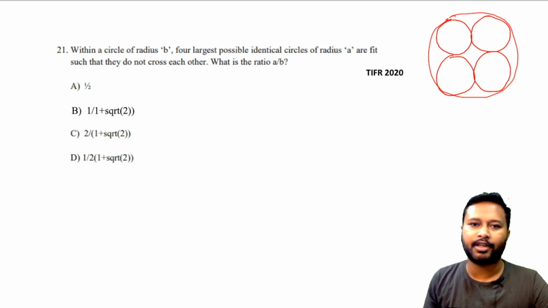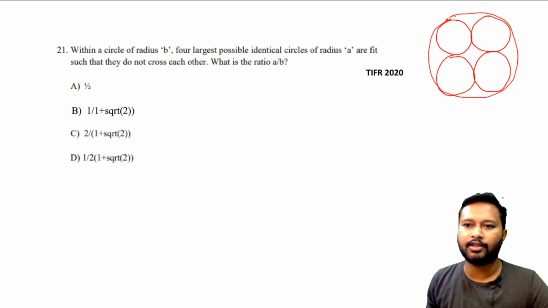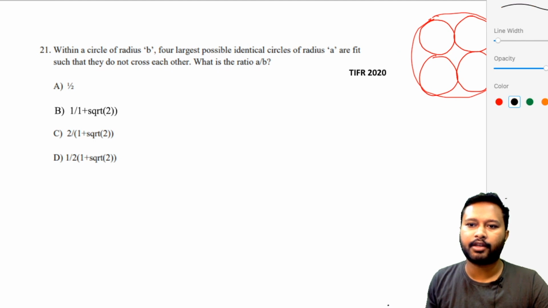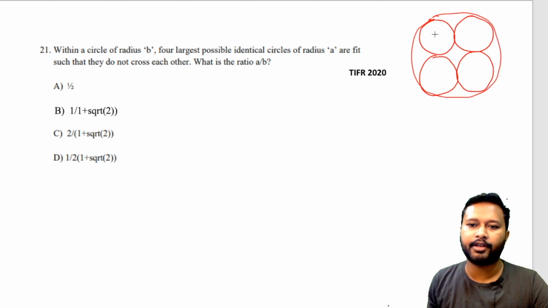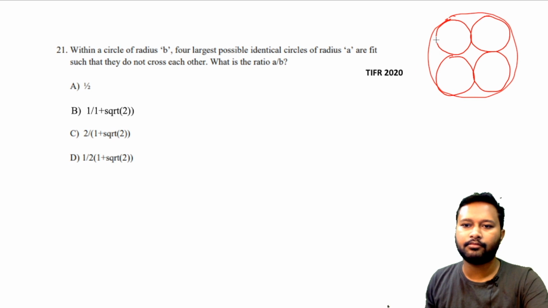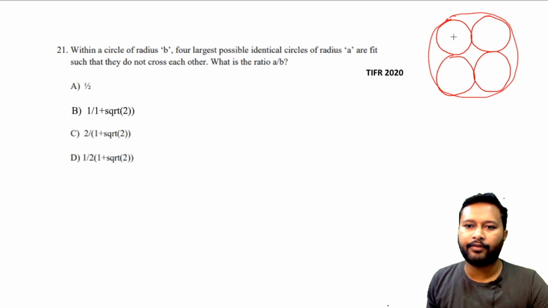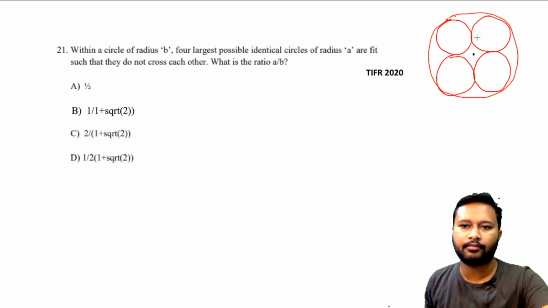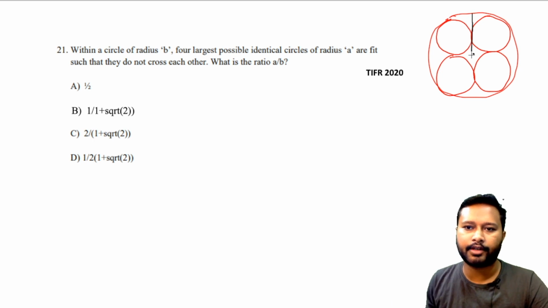Now I'll change the color so that I can help you in understanding it. If the radius of this bigger circle is given to us as b, from here till here, this is b.